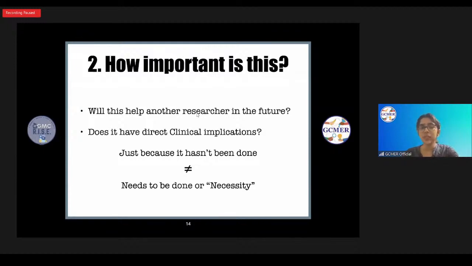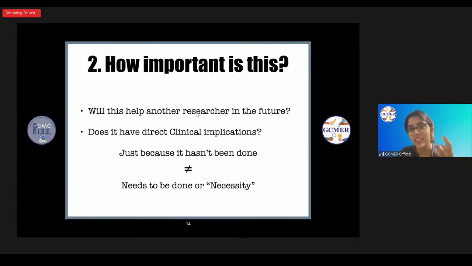Because many students, they look at the literature search and they say, wow, I came up with this topic and oh my god, nobody has ever done this before, I am going to be like the next Nobel Prize winner. But the point is that just because it hasn't been done doesn't mean that it needs to be done or it's necessary, right? Like that's the N of the FINE, right?